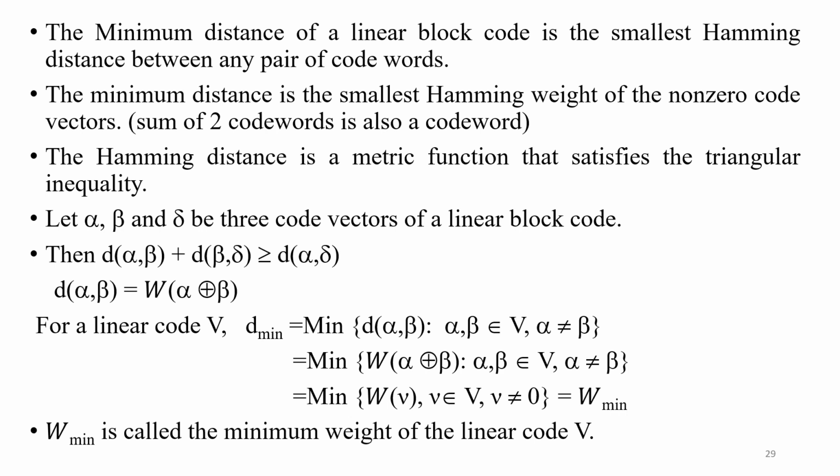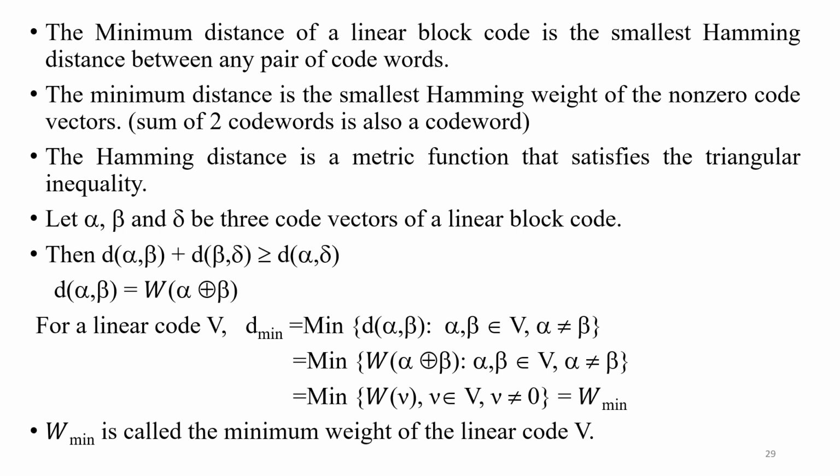The minimum distance of a linear block code is the smallest Hamming distance between any pair of code words, and it is the smallest Hamming weight of the non-zero code vectors. The Hamming distance is a metric function that satisfies the triangular inequality. Let alpha, beta and delta be three code vectors of a linear block code.